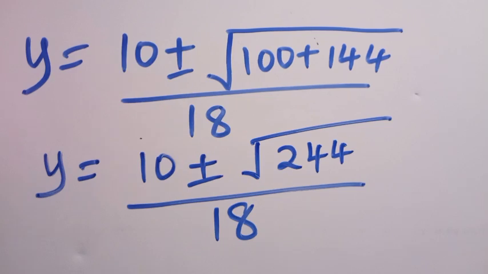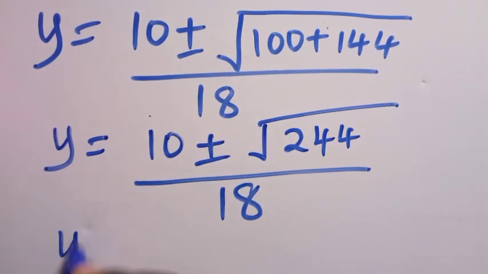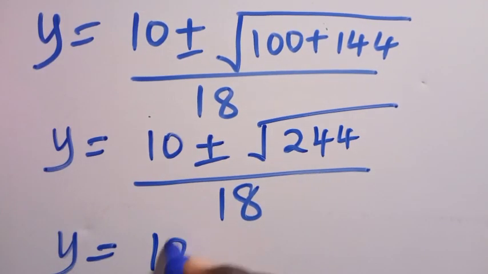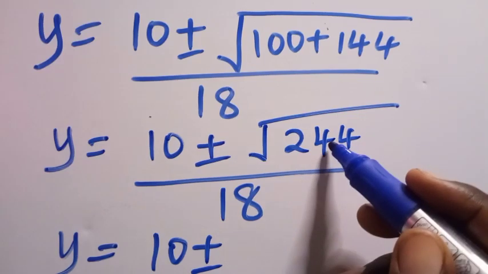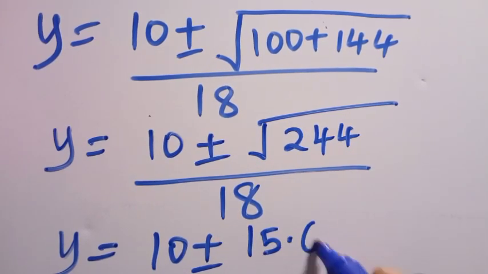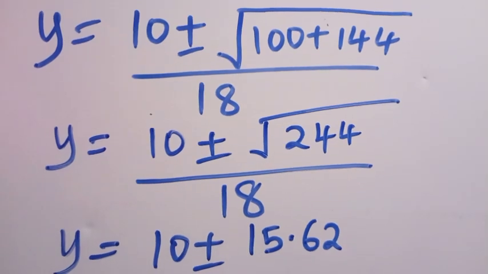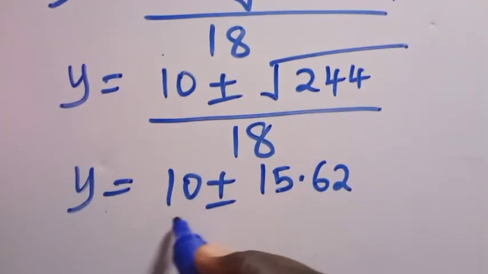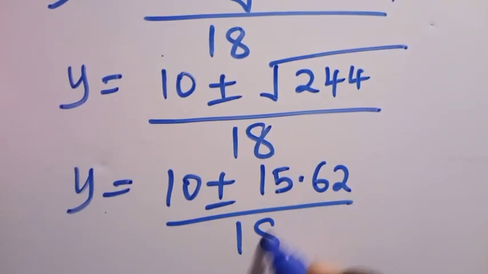Now we shall have y equals 10 plus or minus the square root of 244, which is 15.62. That is to 4 significant figures. Then all over 18.